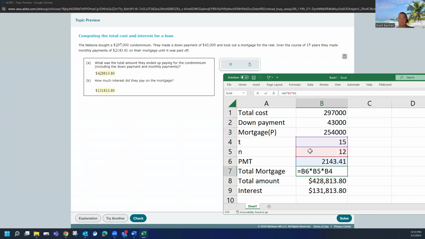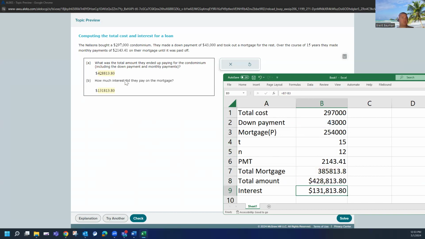So we're making just the minimum payment to get our mortgage. To get the total cost of the purchase, we have to include also the down payment. So we have the down payment plus the total mortgage. And that's going to give us the total cost of this condominium.